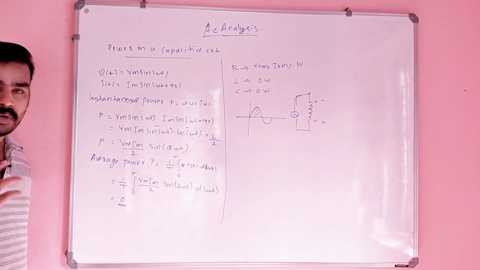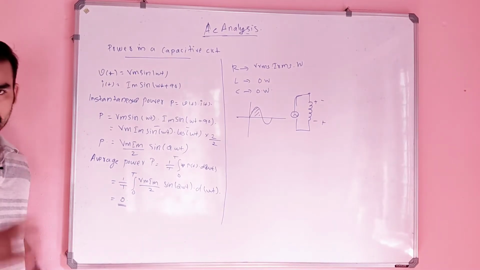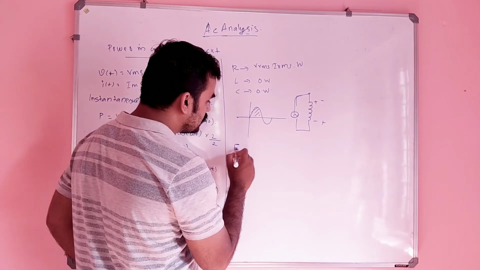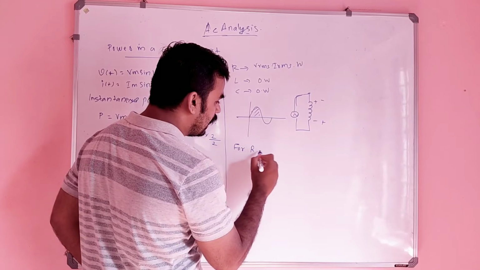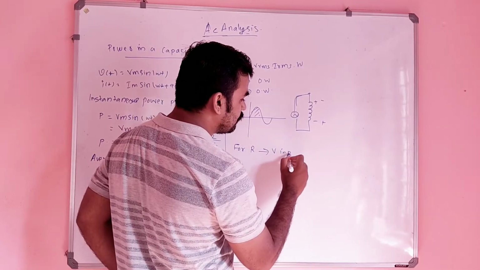Okay. And one more thing you have to notice here, there is one more conclusion from the analysis: for a resistive circuit, we can say that V is in phase with I, right?